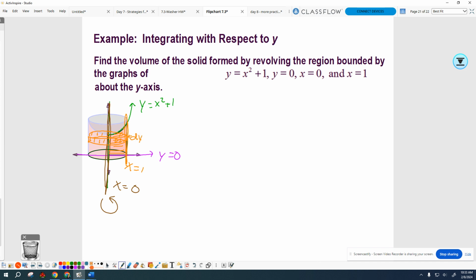Is the right-hand curve the same curve the whole time? Yeah, it's a straight line of x equals 1. Is the left-hand side the same each time? No.